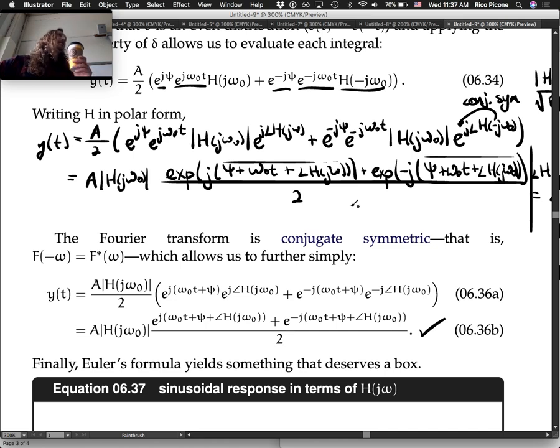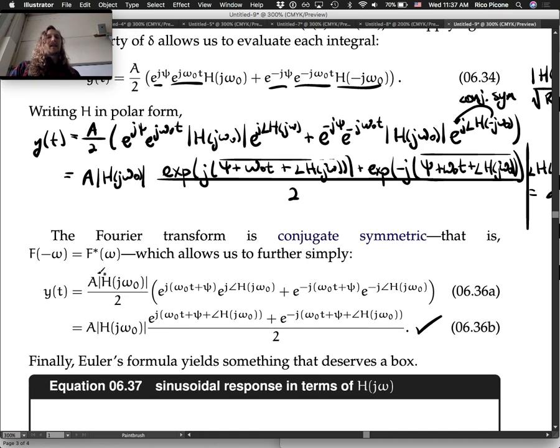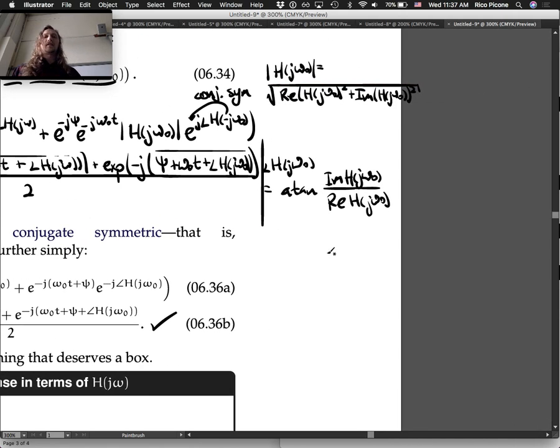So the PDF version is a hyperlink that takes you to a discussion of the conjugate symmetry of the Fourier transform. Which is to say that f of negative omega is equal to the conjugate of f.